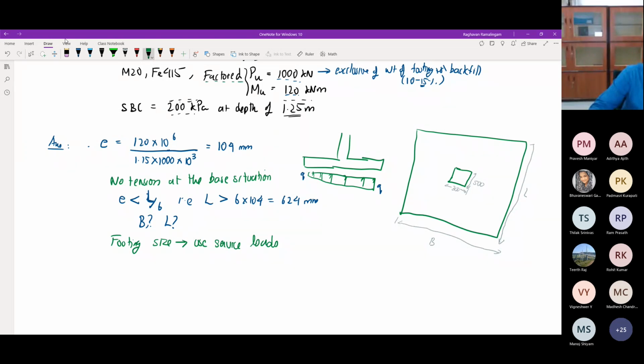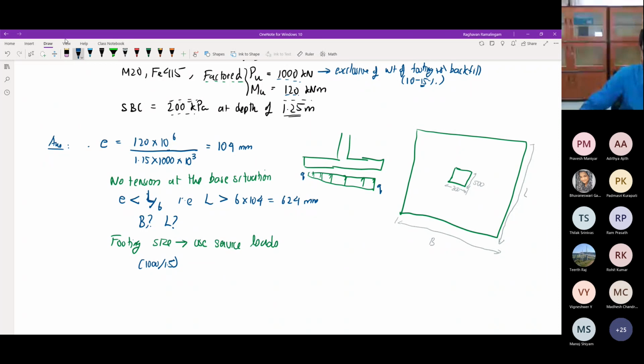I should not use factored loads to find the footing size. So I'll just use this 1000 and divide it by 1.5, in order to remove the factor.